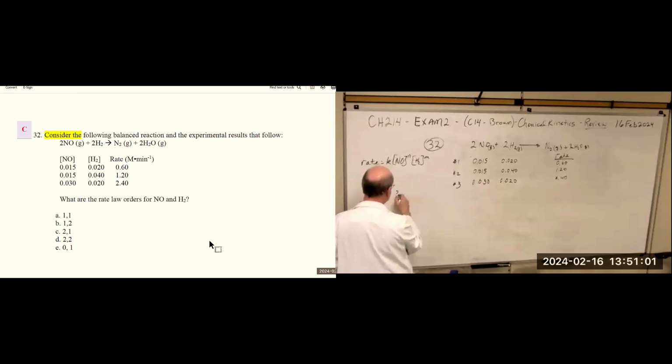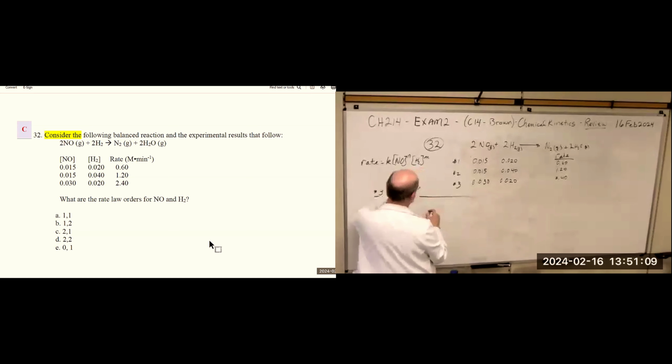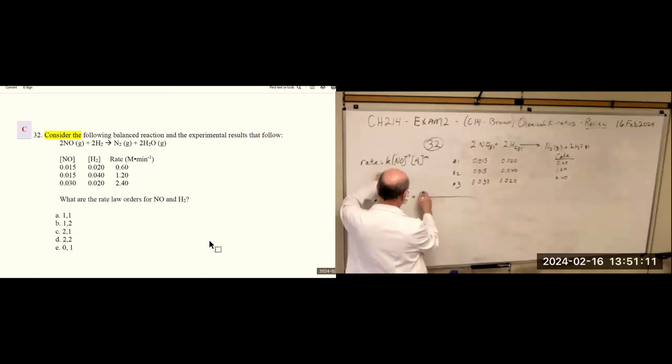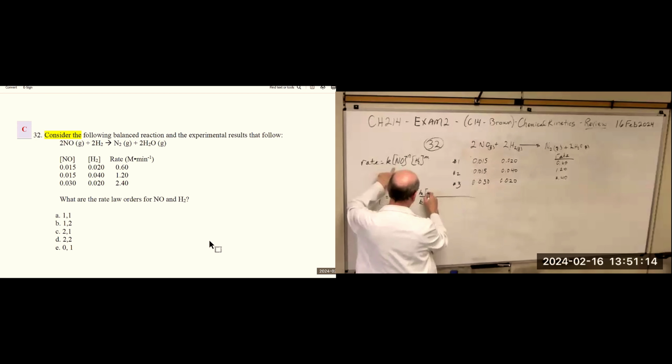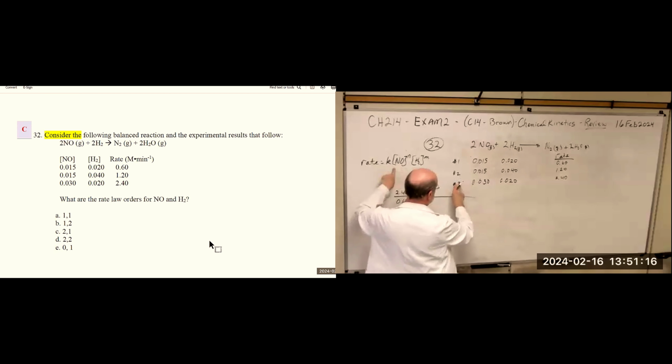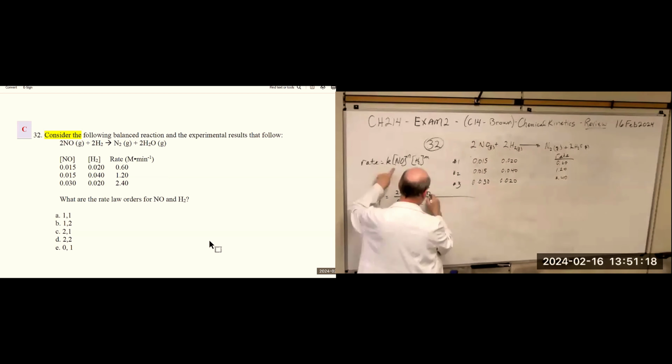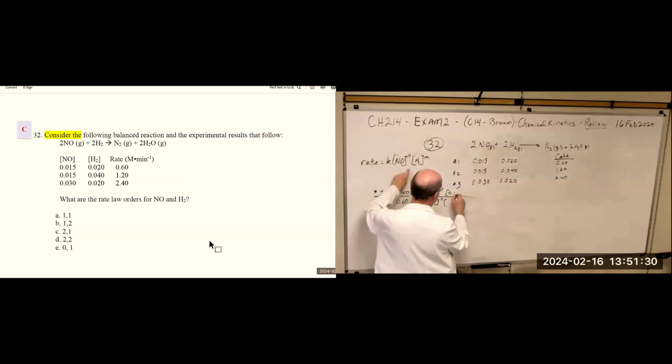So the rate is going to be 2.40 divided by 0.60 is equal to K, and then NO, which in the third one is 0.30 to the N power and 0.15 to the N power. And then H2 is the same for both of them, 0.02.